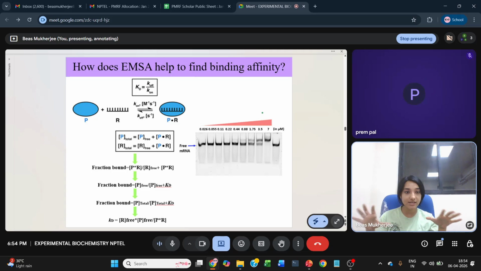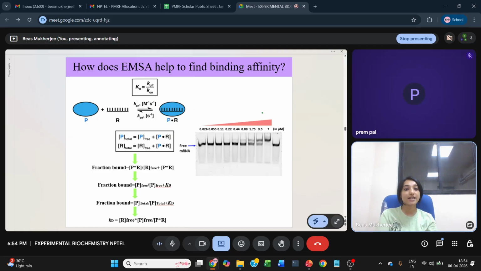We do not know any of these values. From here you can also say that fraction bound is equal to P total divided by P total plus Kd. P total we know, fraction bound we can derive, and Kd we can estimate from this image.